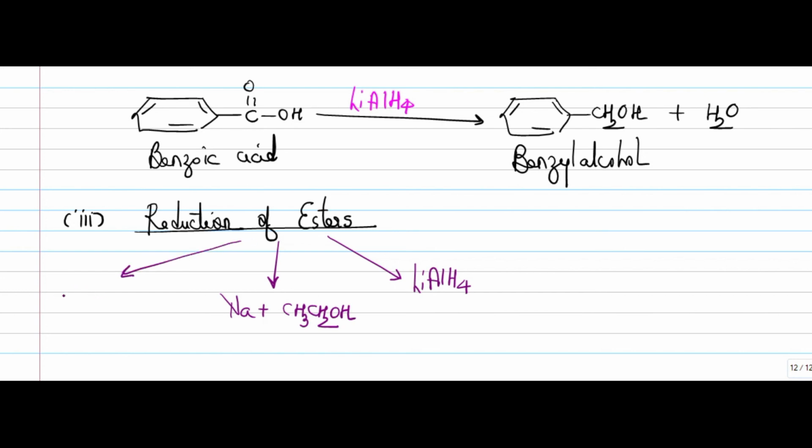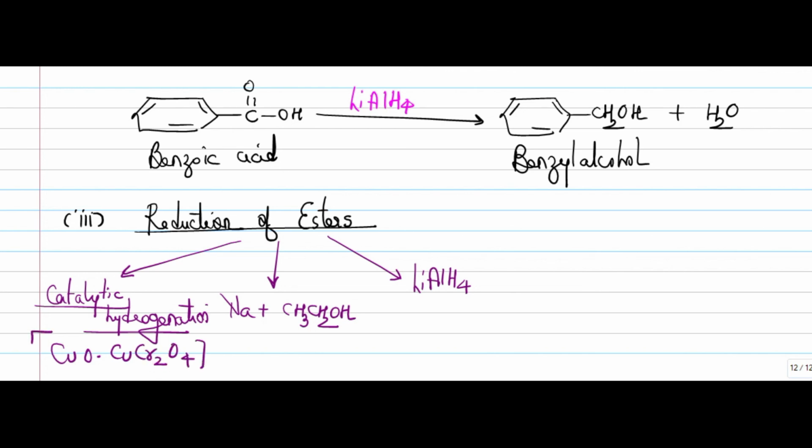And the third method which is used here is catalytic hydrogenation. Catalytic hydrogenation is basically hydrogenation using CuO and CuCr2O4. This is generally the catalyst which is used, and we can have catalytic hydrogenation which can reduce esters.